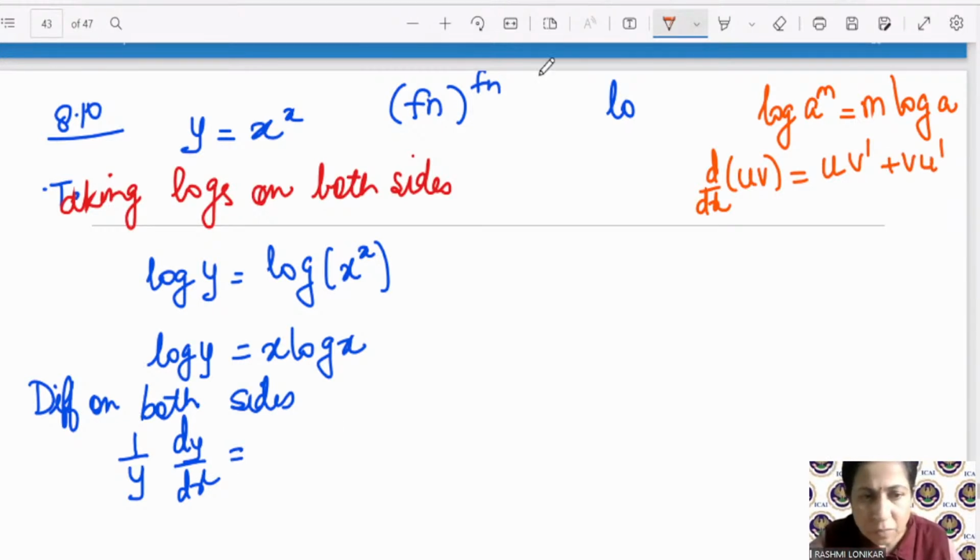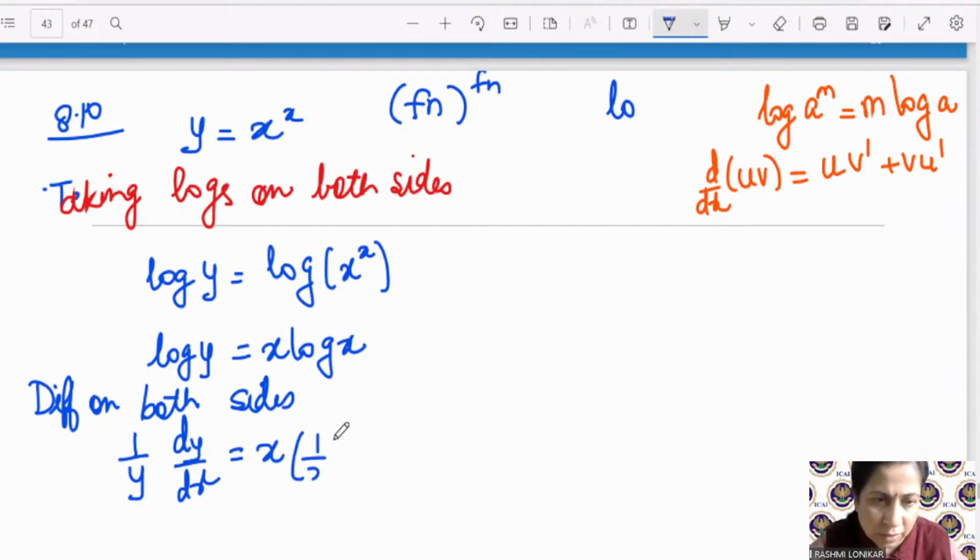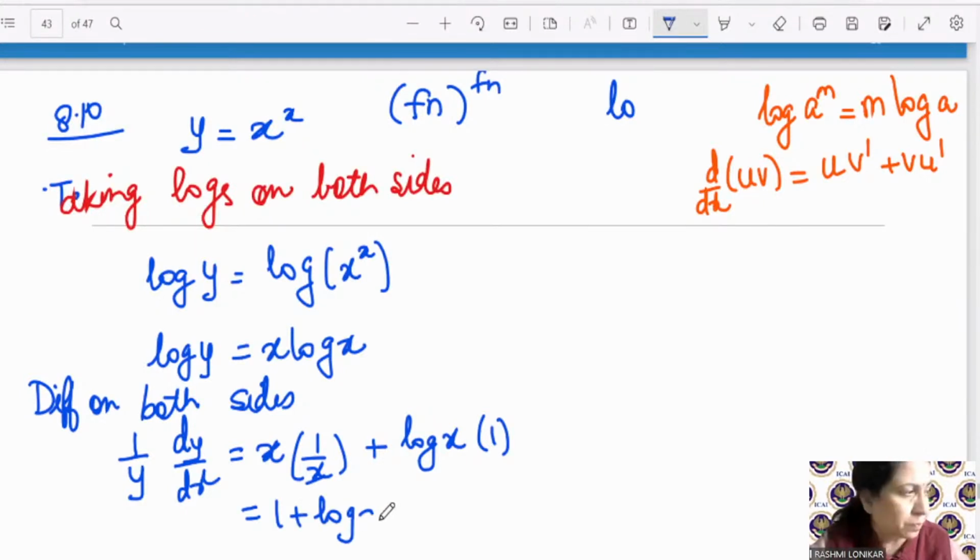So this becomes x into derivative of log x, which is 1 upon x, plus log x into derivative of x, which is 1. So the first term gets cancelled to 1, and I have 1 plus log x.